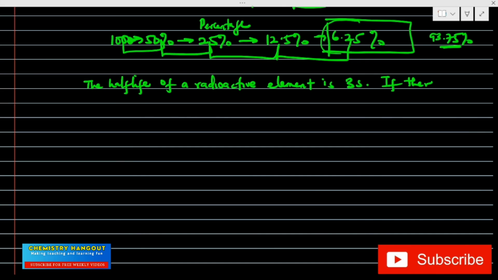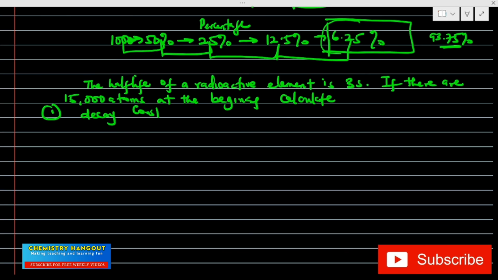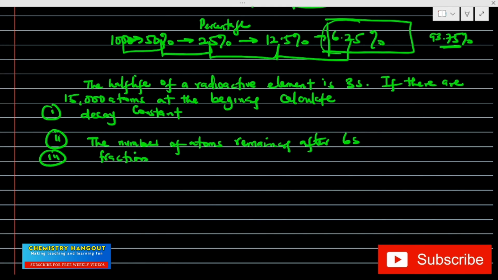If there are 15,000 atoms at the beginning, calculate: one, the decay constant; two, the number of atoms remaining after 6 seconds; and the third one, they said the fraction of atoms that decayed after 6 seconds.